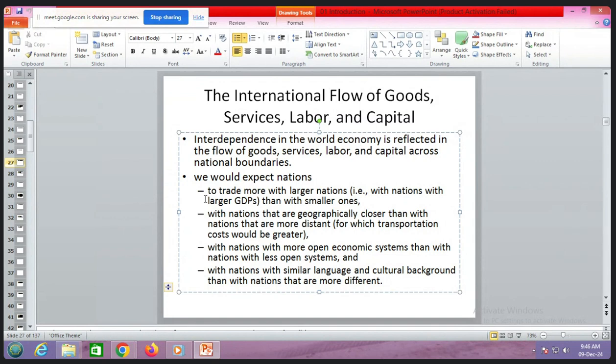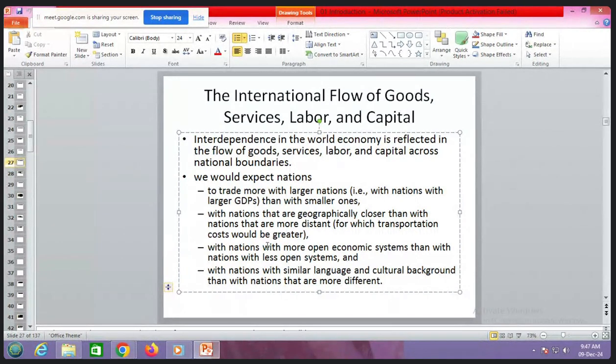So here we are saying that in the trade, we are expecting that the nations will trade more with larger nations, that is with larger GDP, than with smaller GDP. Definitely the demand is determined based on the GDP. Similarly, nations which are geographically closer with each other, the trade is supposed to be higher. This is basically because of the transportation cost.